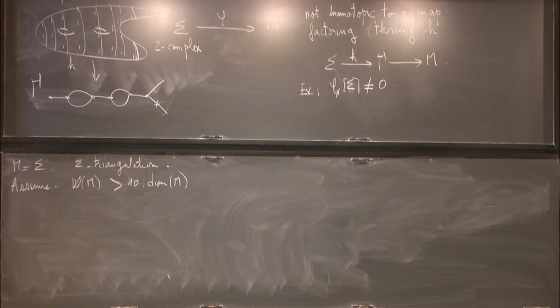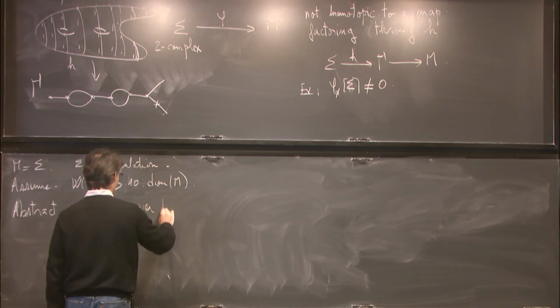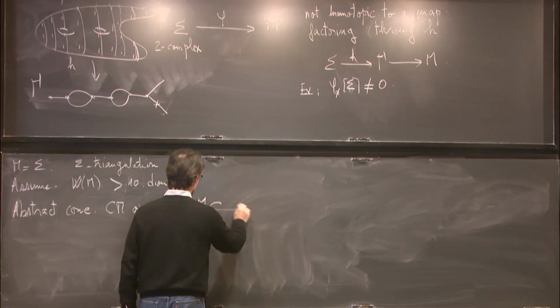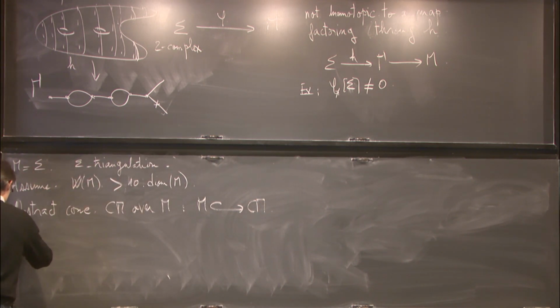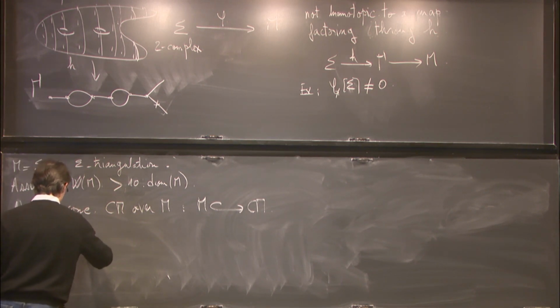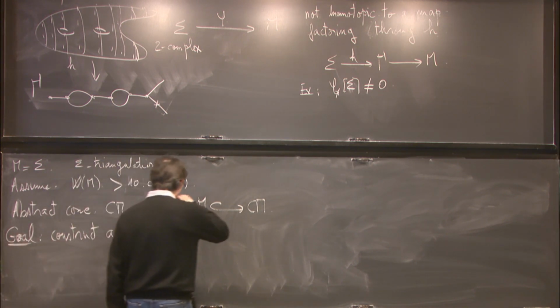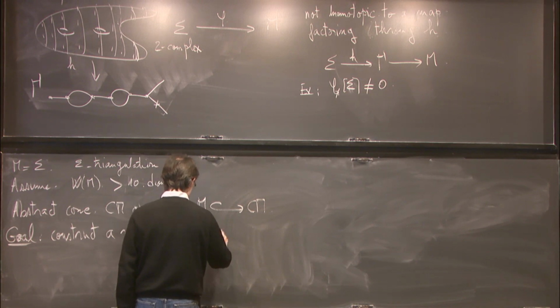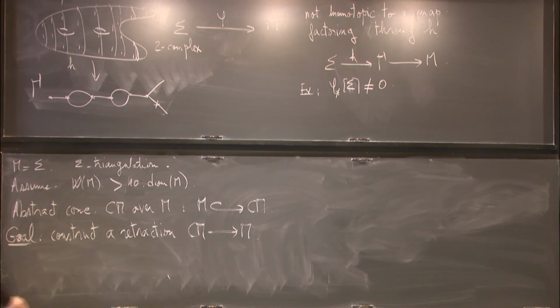And then you consider an abstract cone, called Cm over M. So M here is now sitting in Cm. And the goal, as in Rina's talk, is to construct a retraction, and to get a contradiction.